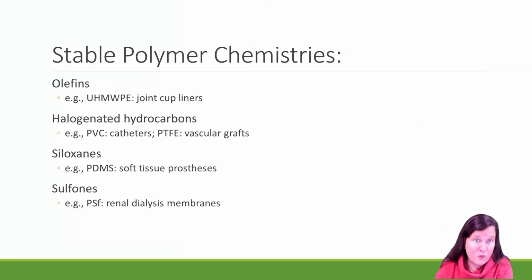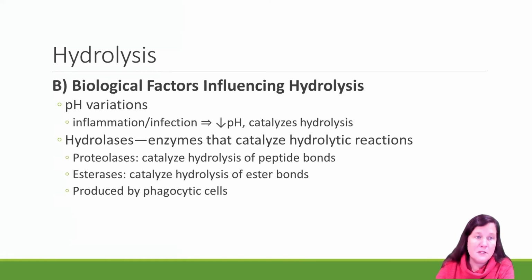So sometimes we want materials to degrade, and sometimes we want stable polymer chemistries. Olefins tend to be relatively stable. Halogenated hydrocarbons tend to be relatively stable. Siloxanes, sulfones. So these tend to be the more biostable materials, less hydrolyzable. There's a lot of biological factors that can influence hydrolysis, and pH is a big one.